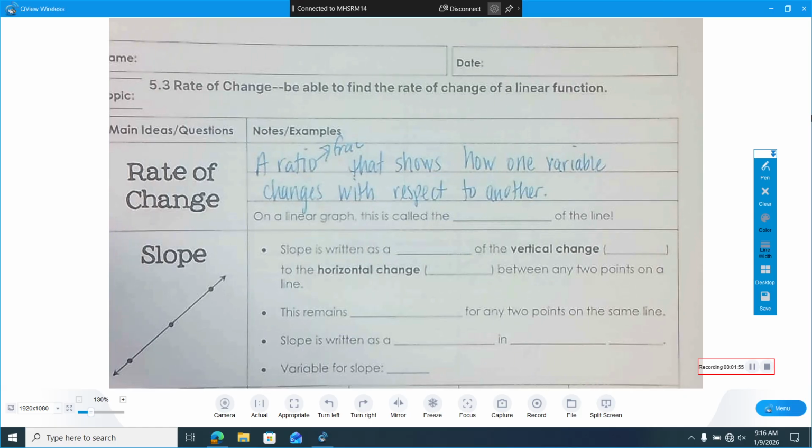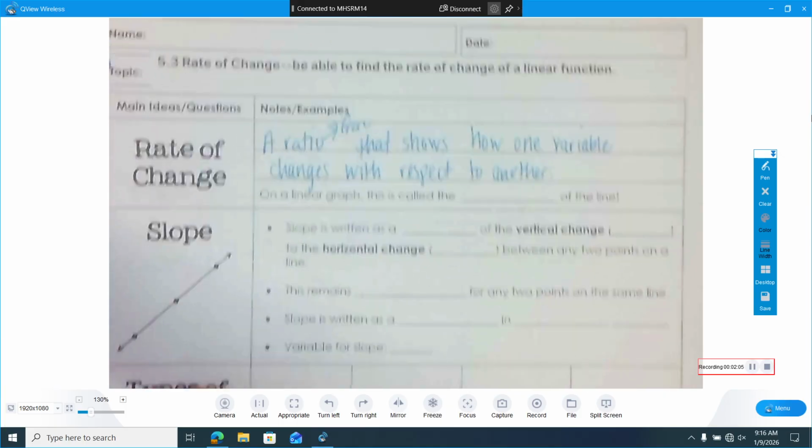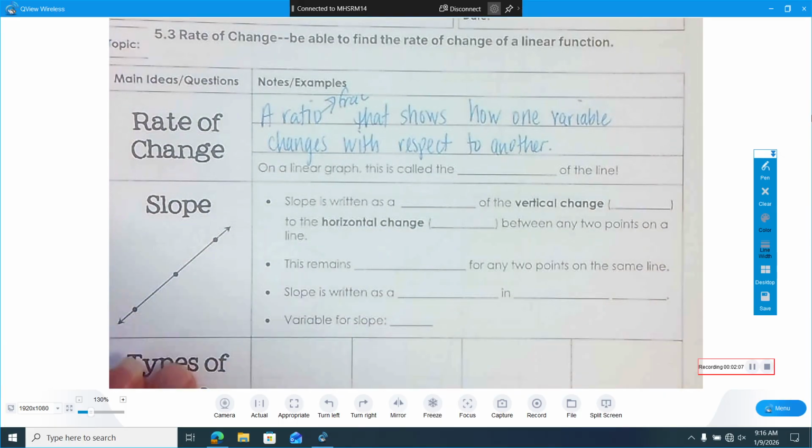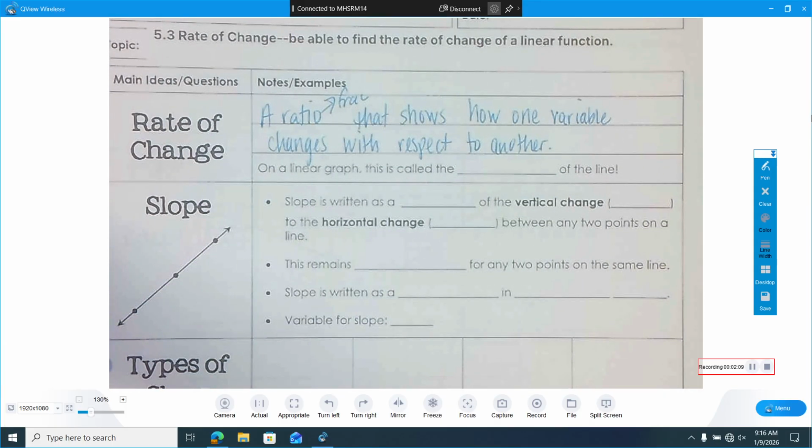Now, we started yesterday graphing on the x and the y axis, and those are our two variables. And so when we look, we have a line that we were graphing yesterday. We can say the relationship between the x and the y when we compare how it changes horizontally and vertically.